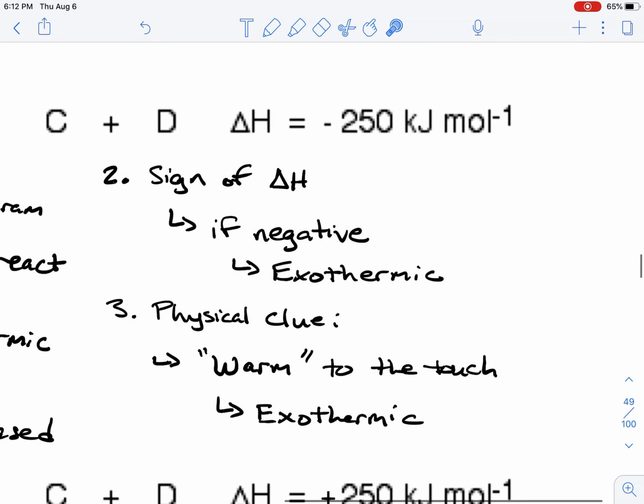I don't want you guys to focus too much on the actual value, rather the sign of that number. If the sign of enthalpy is negative, then it's telling you that the reaction is exothermic. Once again, heat is being released from the system to the surrounding.